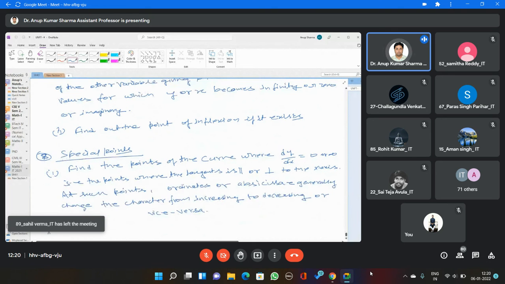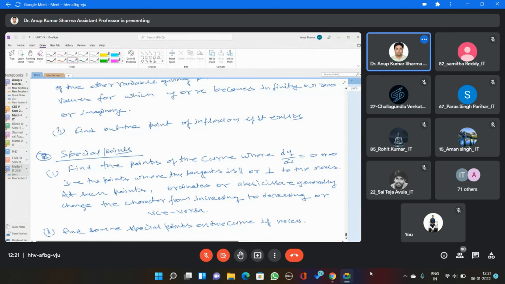So, one other point: find some special points on the curve if necessary. Okay, some more points if possible we can find.